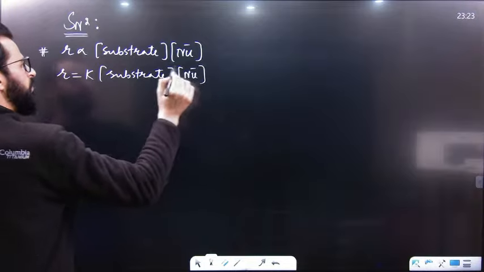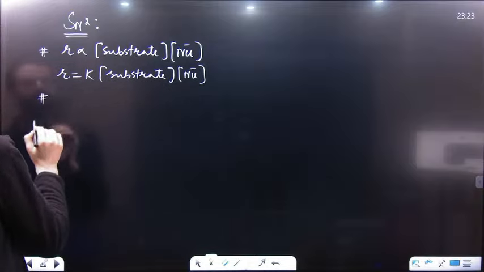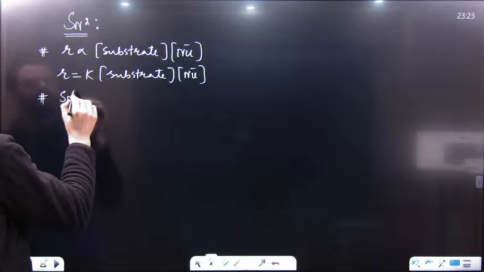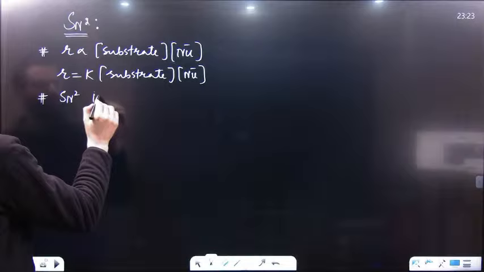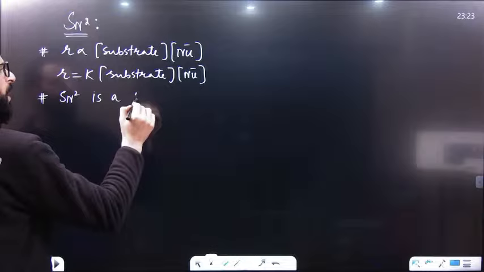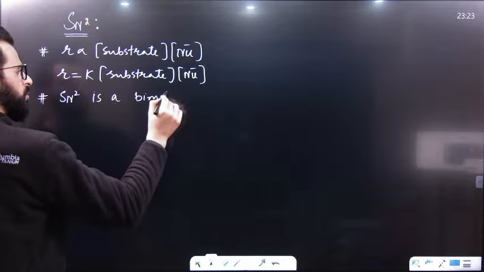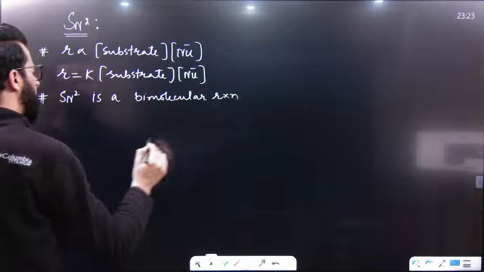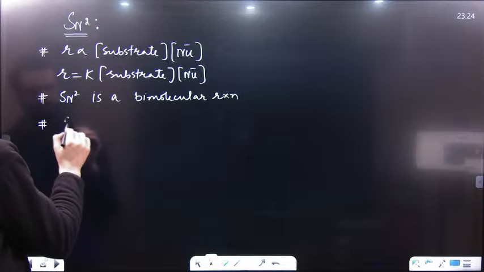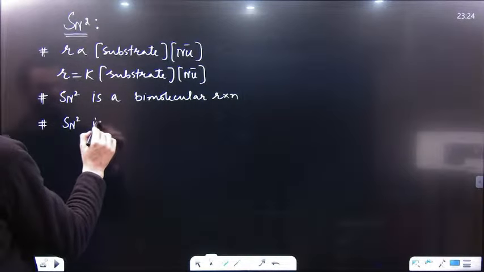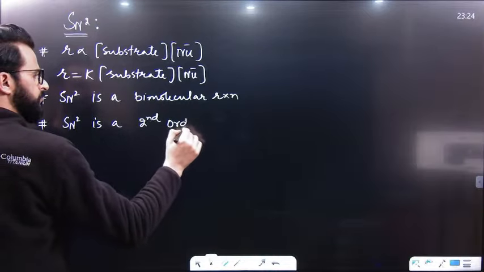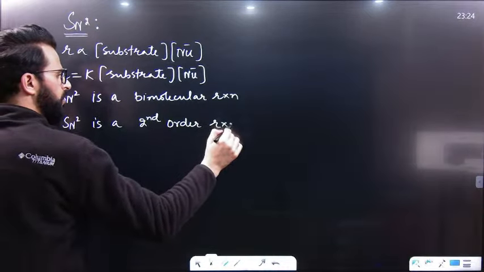Hence, we can simply say that SN2 reaction is a second order reaction and a bimolecular reaction.